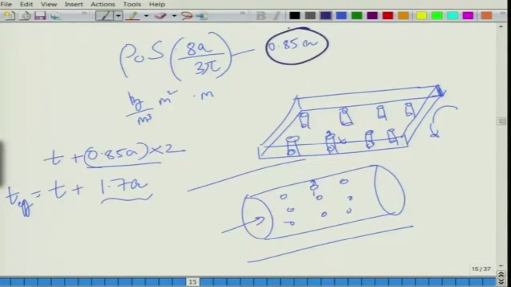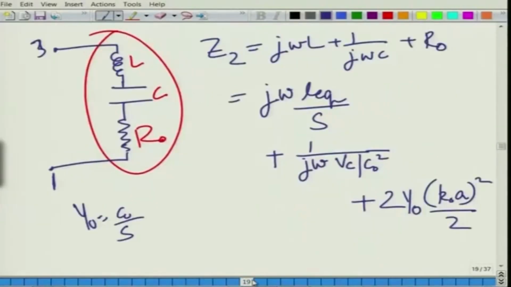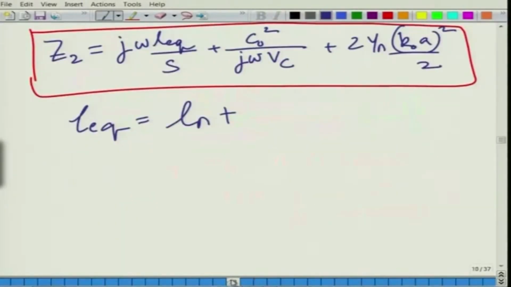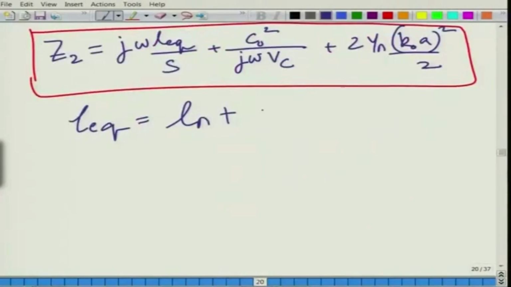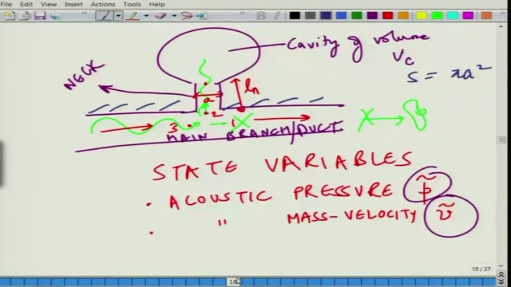It is like a small cylindrical volume of fluid that is added to the end. It is a hypothetical cylindrical volume. So, you have 0.85, but you have 0.85 here and here. So, 0.85 A multiplied by 2 gives you 1.7 A, where A is the radius, and you also need to account for the thickness of the wall of the propagation tube.